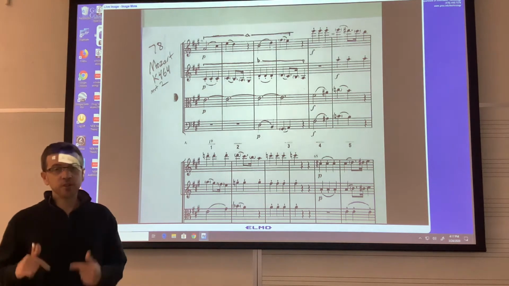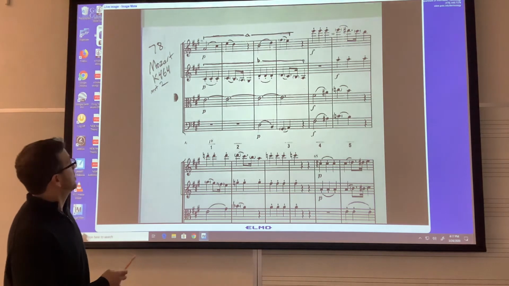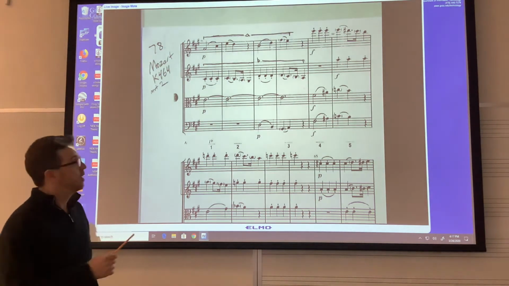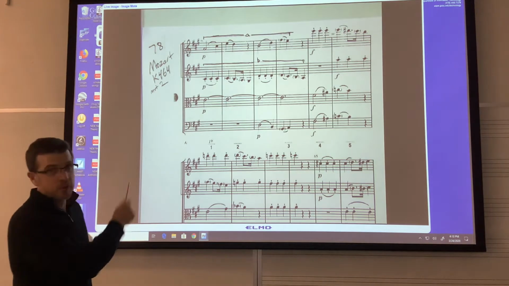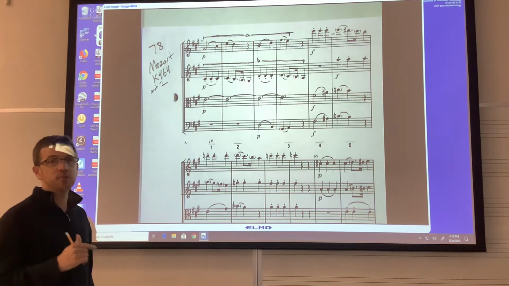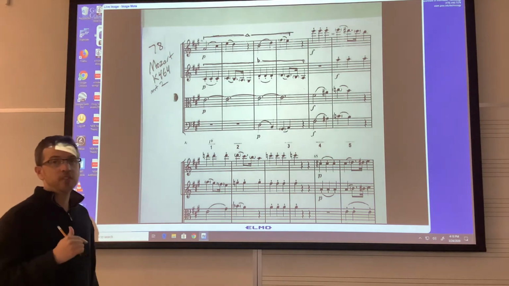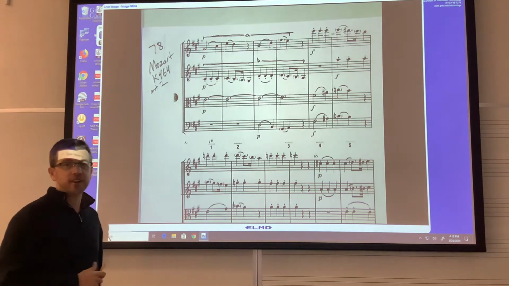Now we're going to do two things in this analysis. One is we are going to look for all presentations of theme A and theme B, and we are going to look for all presentations of theme A and theme B when they are in inversion. And that means when they're upside down.